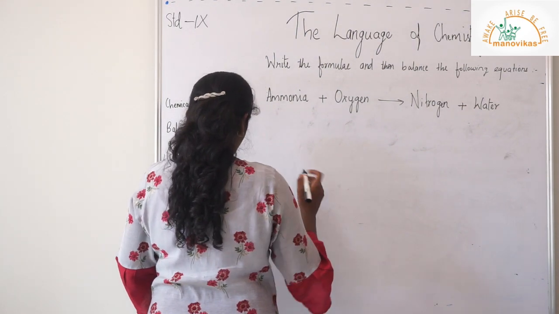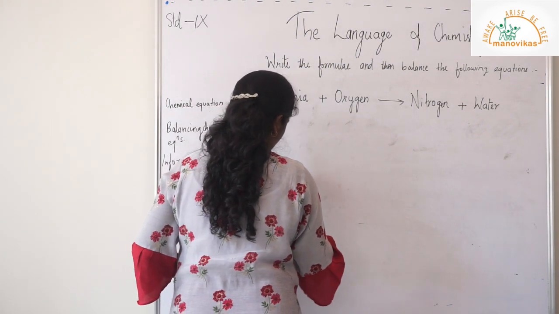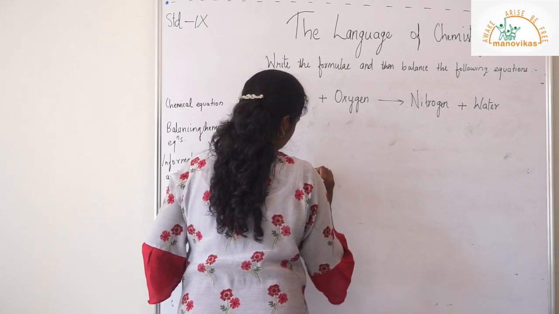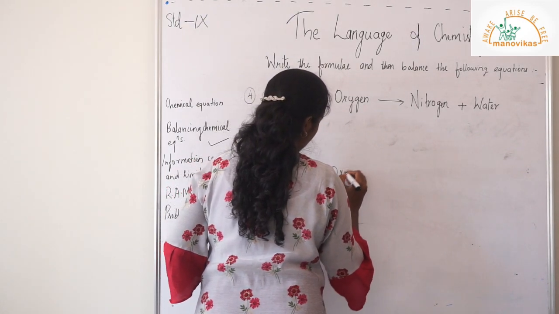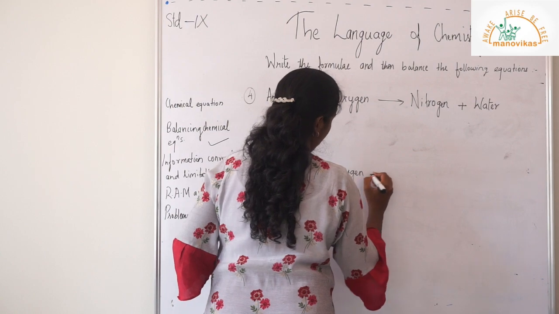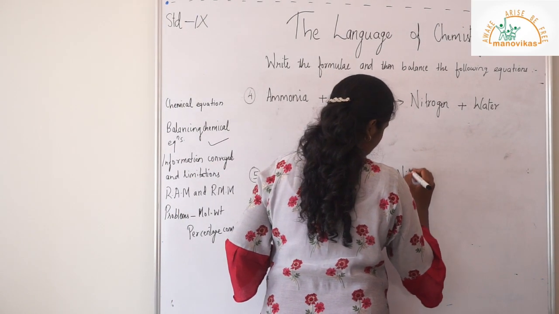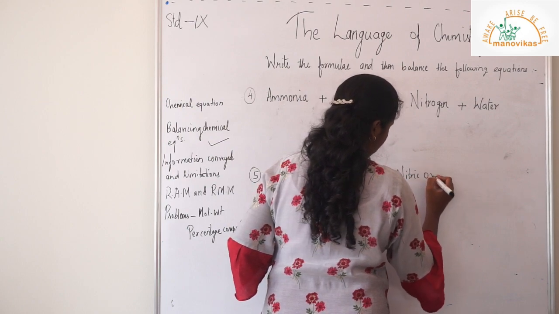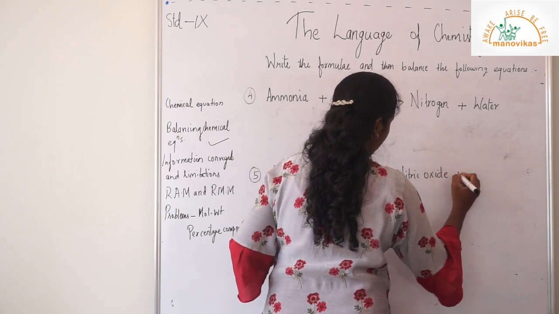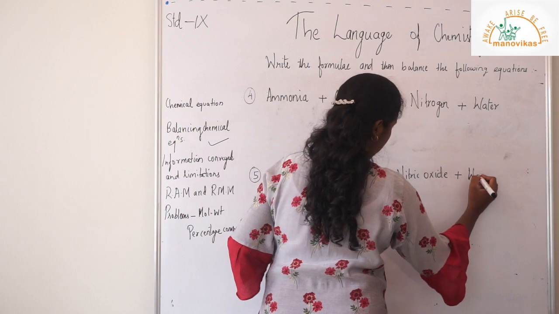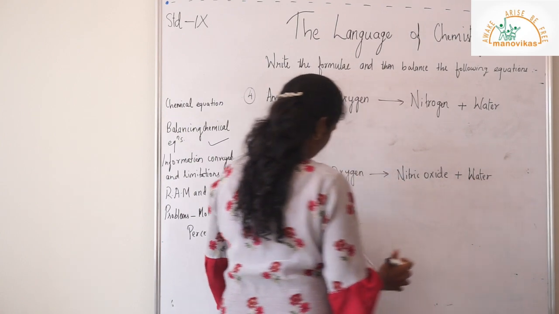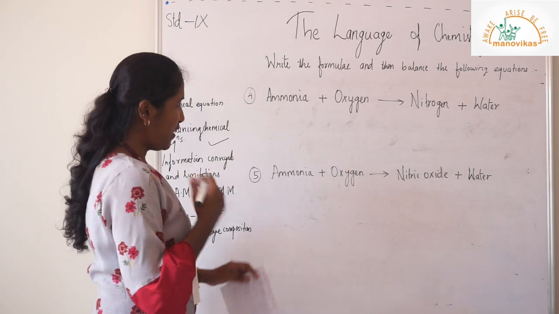One more. Ammonia plus oxygen gives nitric oxide plus water. So you all just try to solve this example.